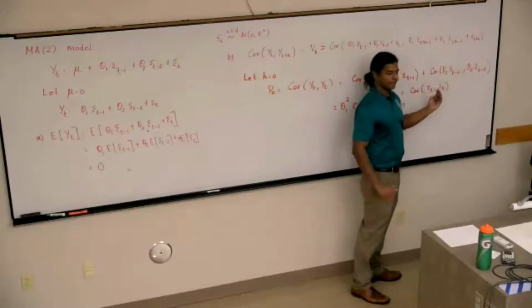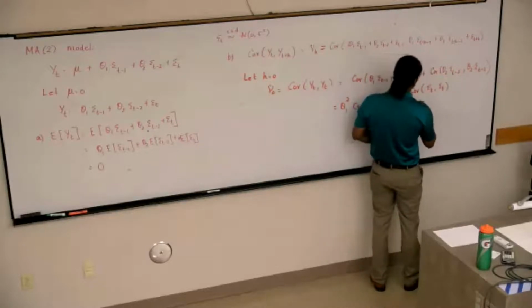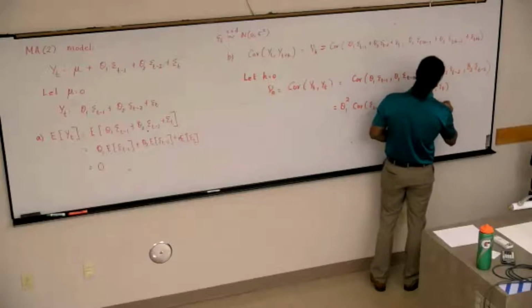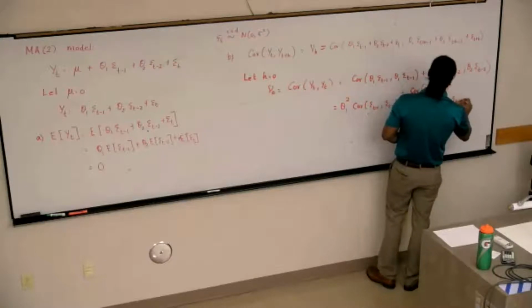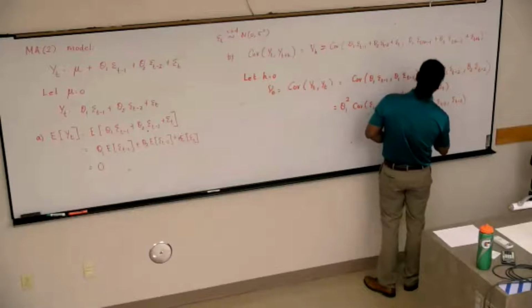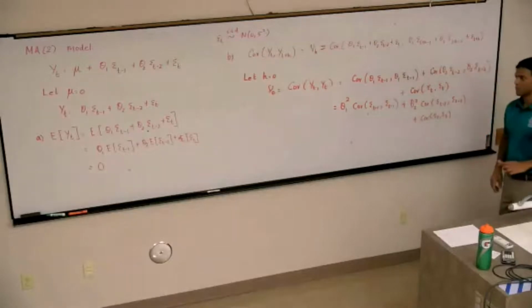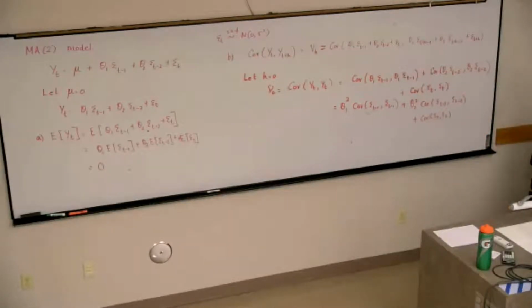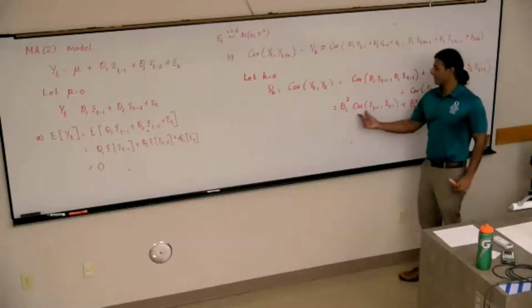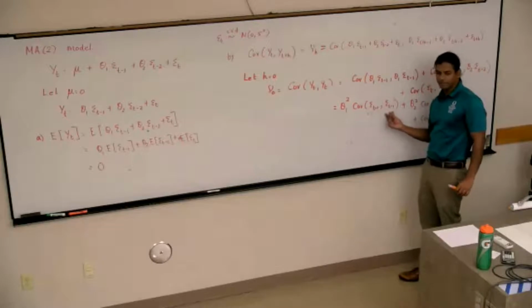Theta 2 comes out, it becomes theta 2 squared, covariance of epsilon t minus 2, epsilon t minus 2, and lastly we have covariance of epsilon t, comma epsilon t. Do we end up with theta 1 squared and theta 2 squared because those are technically two separate terms? Yes.